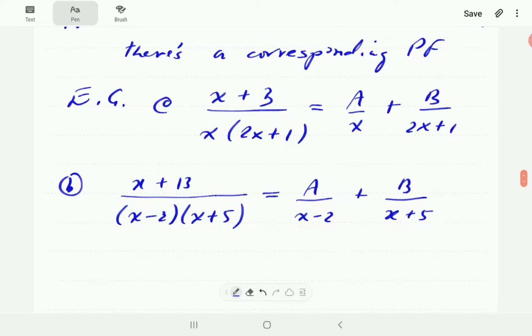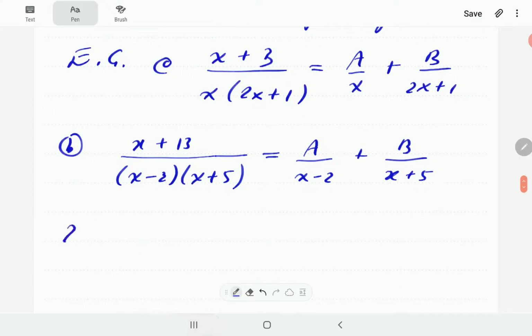Okay, the second case is the case where we have repeated linear factors. I'll show you what we're talking about in a moment.